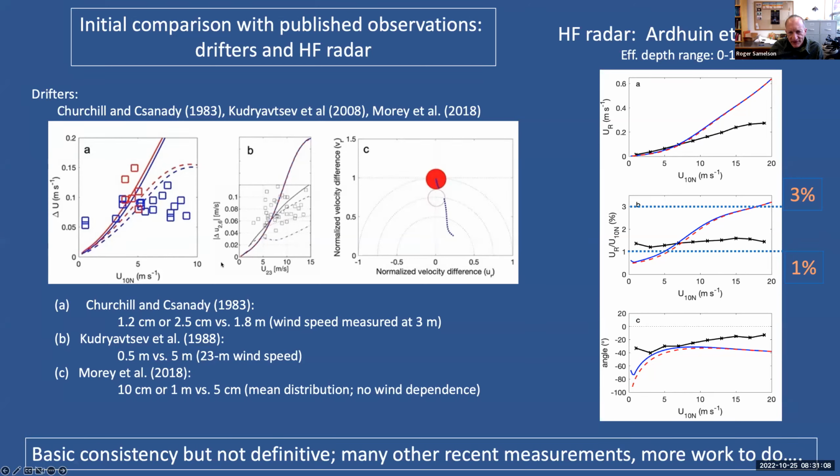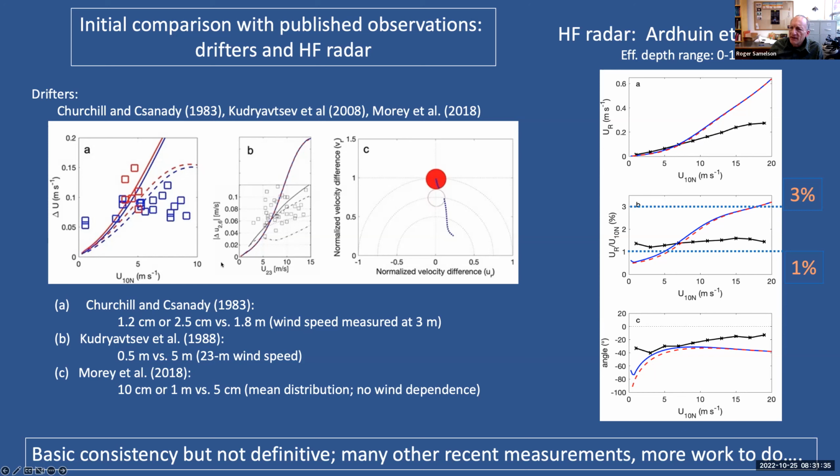But on the other hand, there was a fair amount of mesoscale geostrophic velocities in these that couldn't be removed from this estimate. And so it's not clear the way the normalization was done, so it's not clear. So on the right is probably a better comparison. This is with Fabrice Ardouin's comparison with, I think it's a year-long record of HF radar off the west of France.